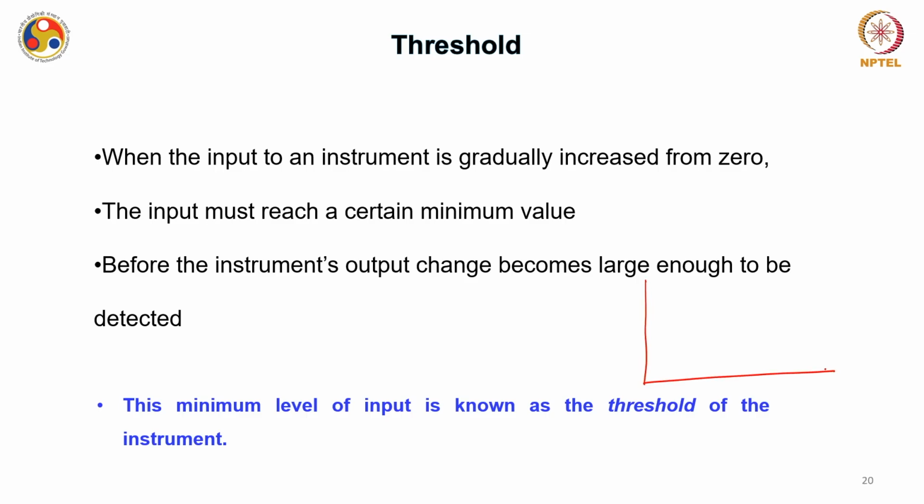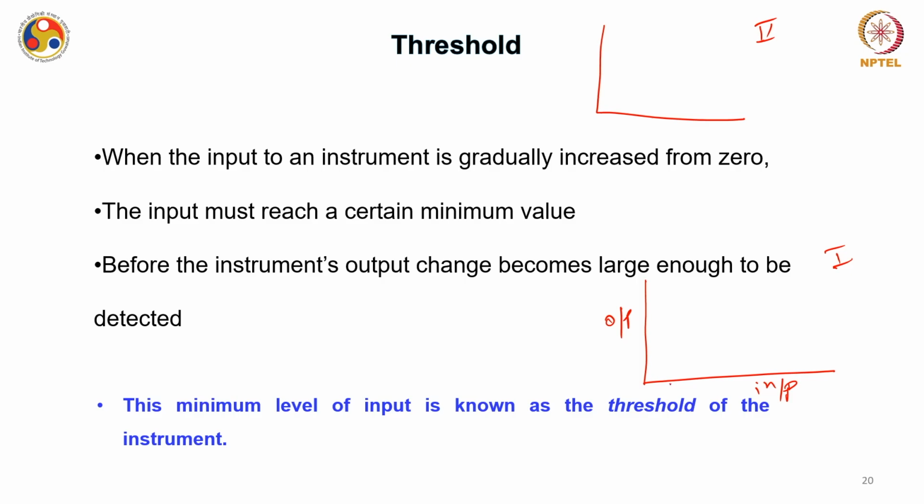Now, I have, say, output versus input for two different instruments, instrument 1 and instrument 2. Both are, say, measuring temperature. Say I am talking about a transducer which is measuring the temperature.